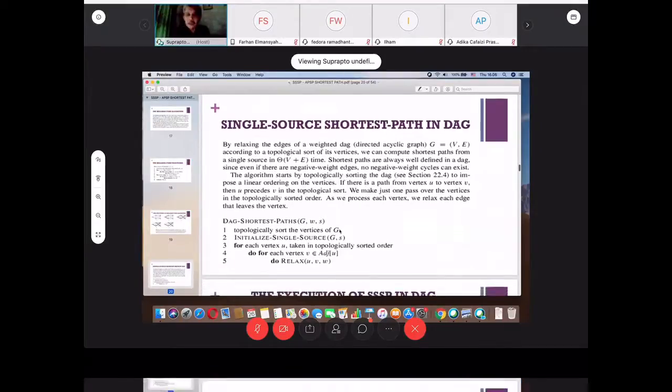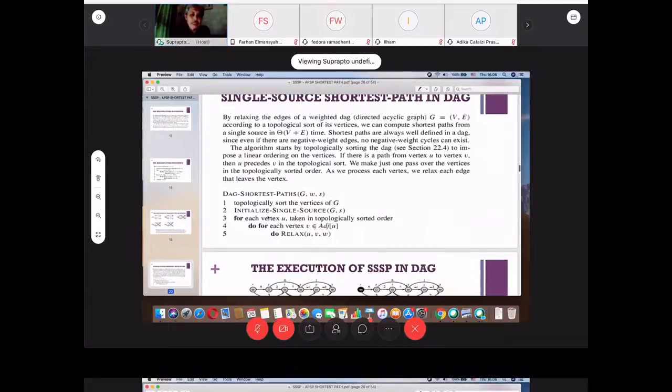Well, first we have to do the topological sort for the graph, right? It's like what we have done before in the DFS.